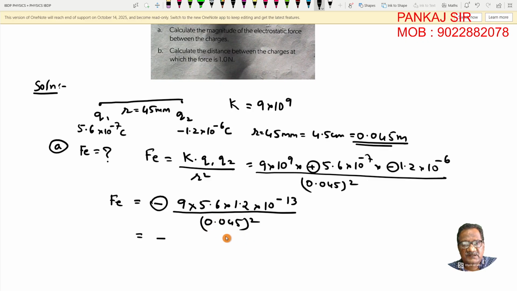So this should give you the answer as, I'll just try this one, okay? So that is 9 times 5.6 times 1.2 divided by 0.045 the whole square.